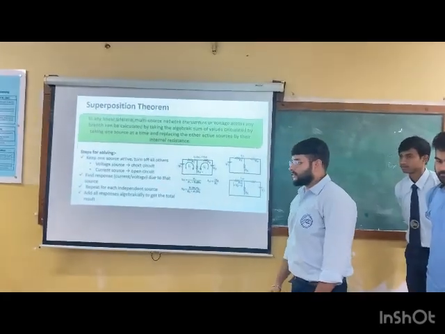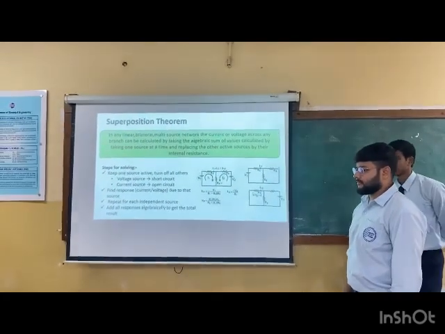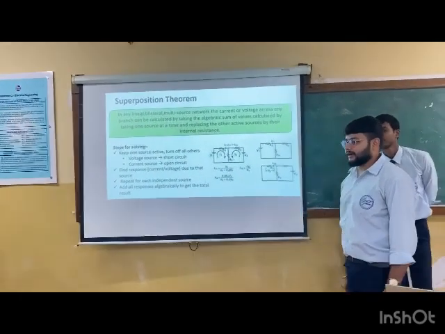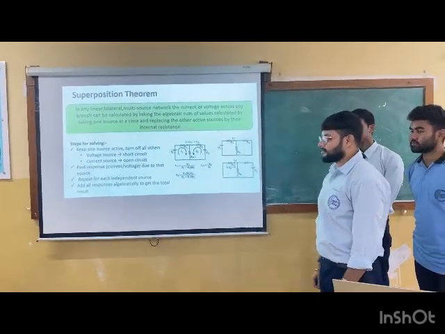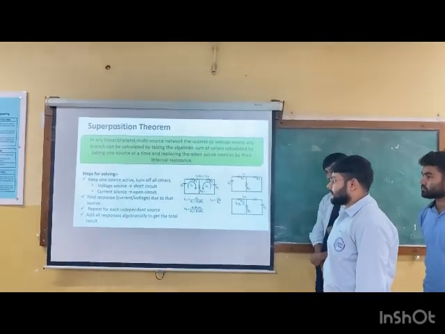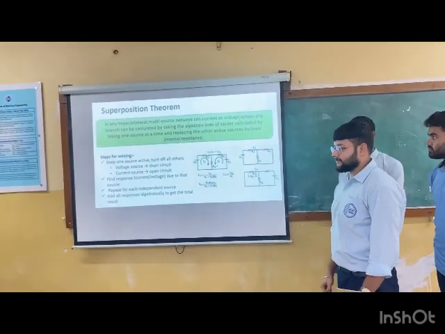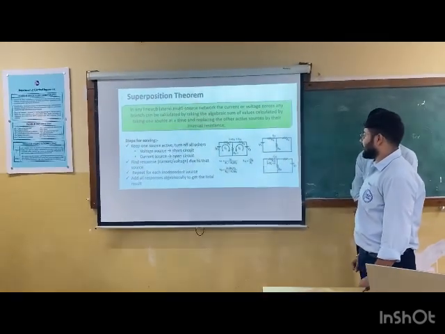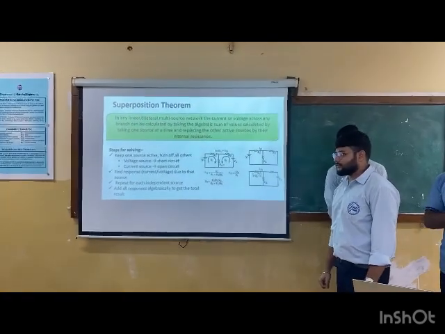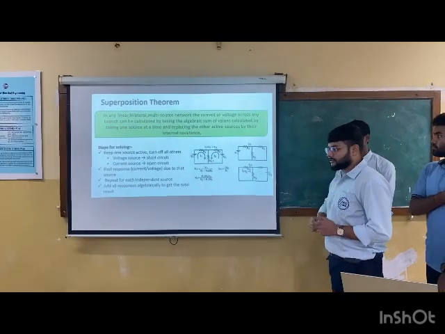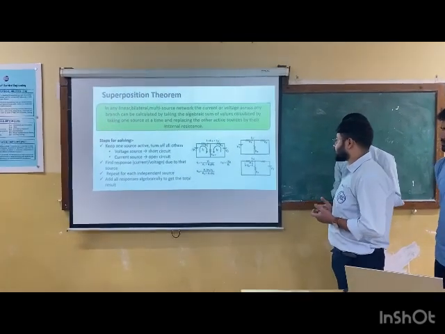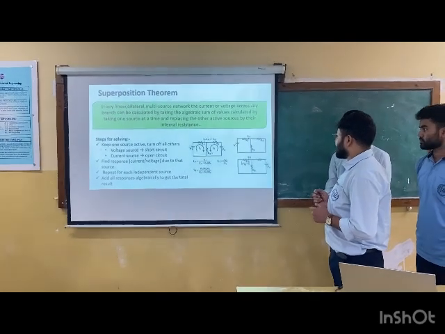What is the superposition theorem? First of all, state it. In a linear circuit with multiple sources, the current or the voltage across any branch can be calculated by taking the algebraic sum of the values calculated by taking one source at a time and replacing the other active sources, voltage or current sources, by their internal resistance.